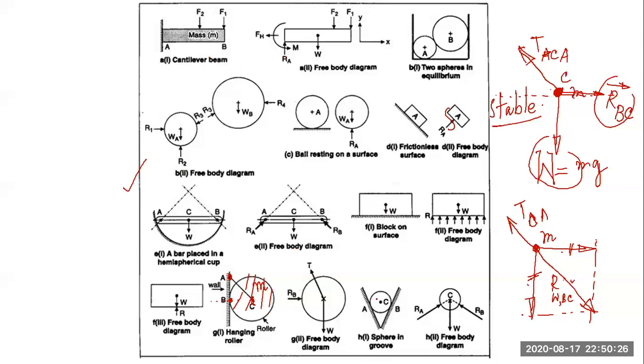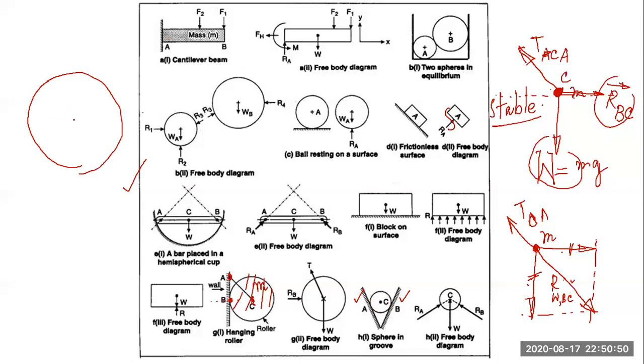Similarly, in this one, there is a sphere whose center is point C. There are two inclined planes A and B, and the sphere whose center is at point C is supported at points A and B. So how to draw it? You can draw the entire sphere or you can draw it as a point mass. No problem, there is no harm in that.